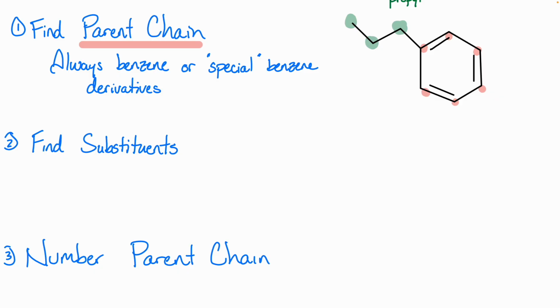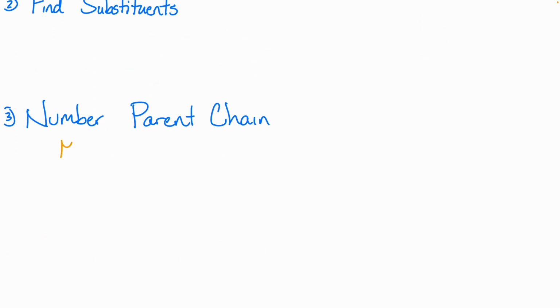It's always going to be on carbon 1, right? If I picked up that propyl group and moved it to another carbon on benzene, we would just renumber that benzene ring. So that would become carbon 1. So for what we call monosubstituted benzenes, we have no locant in our name.